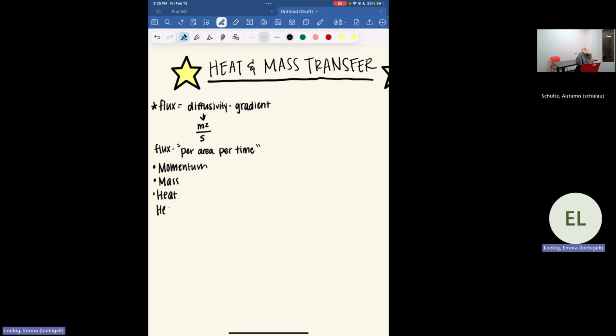Heat flux can be described using the term Q with these two hash marks above it. Heat flux is equal to the negative thermal conductivity multiplied by a change in temperature with respect to position. And we call this equation Fourier's law.